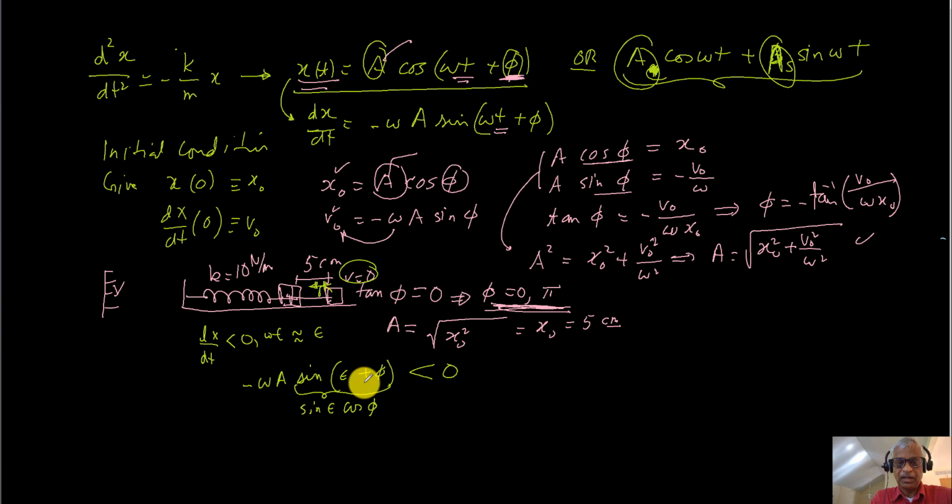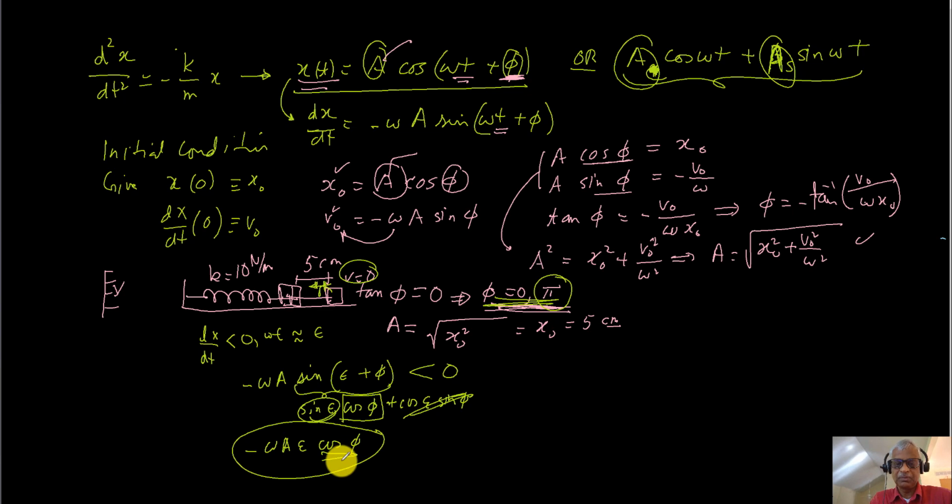The other term will be cosine epsilon sine phi, and in both of these cases, this is 0. So this is the one that's going to decide whether it's going to be less than 0 or not. So minus omega A sine epsilon, where sine epsilon is a positive number because epsilon is very small. Cosine phi: if phi is pi, this will become positive because cosine is minus 1. If phi is equal to 0, this will remain negative.